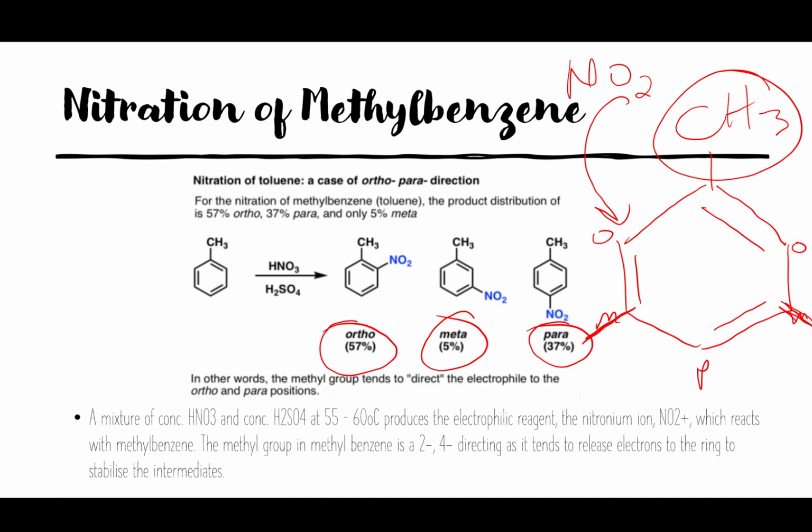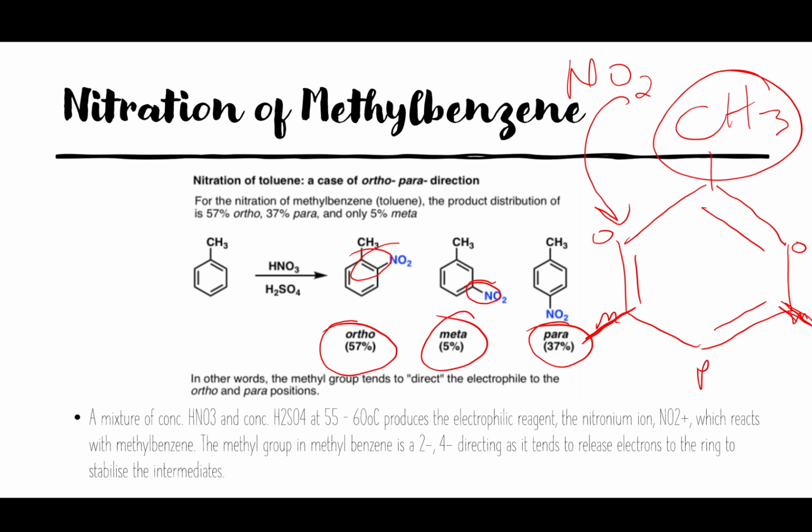a nitronium ion being added to the 2 position, then that is stable. If it's added to the 4 position, then that is stable. But it's just simply unstable when it's added to the 3rd position. And that's why we call the methyl group an ortho-para directing group, because its most stable products are at the ortho and the para positions.